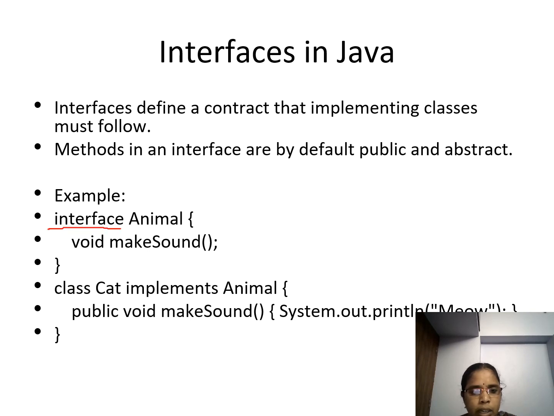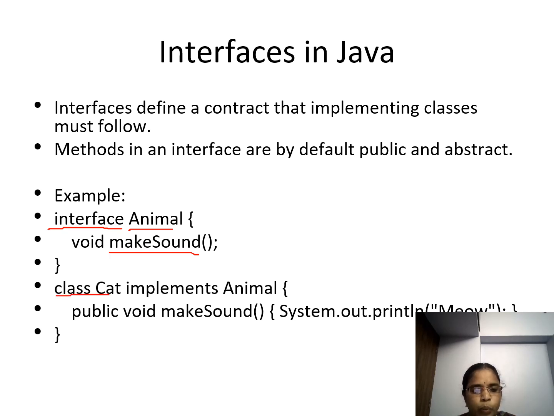Here the keyword interface is used to declare the interface. See the example. Here the interface name is Animal, and within this interface we are having a method declaration, the method name is makeSound, and the return type is void.